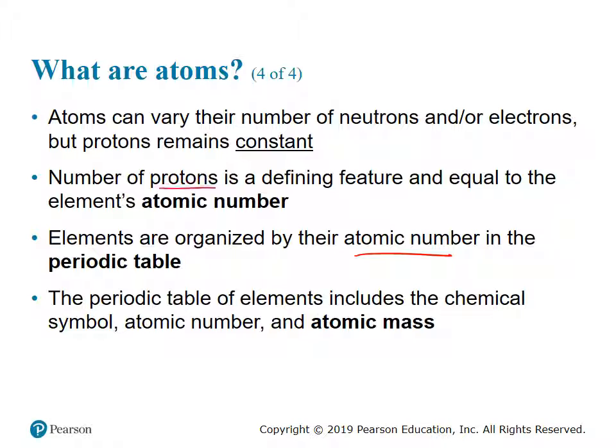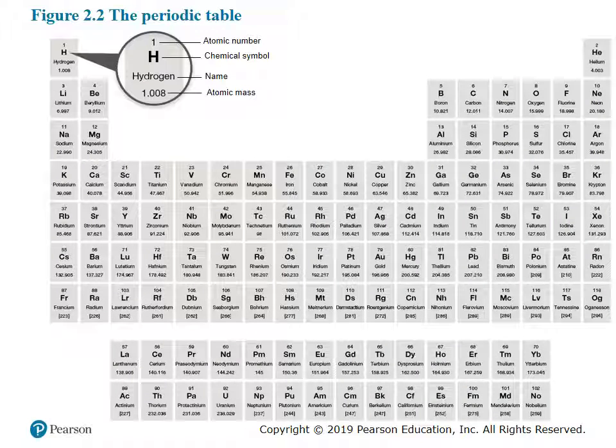The number of protons in an element is its atomic number. We organize every single element on the periodic table from 1 to, I think we're at 140 right now, or so far, based on their proton number. That's the periodic table. You don't need to know anything from the periodic table.